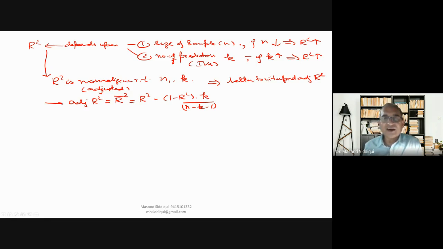Like in our case, as per the model summary table, it is the output model summary table or output. Adjusted R square is, just a moment.